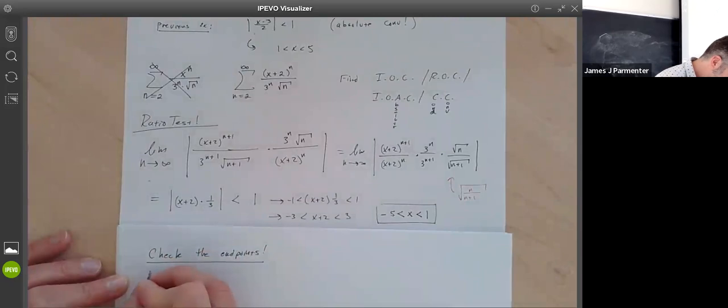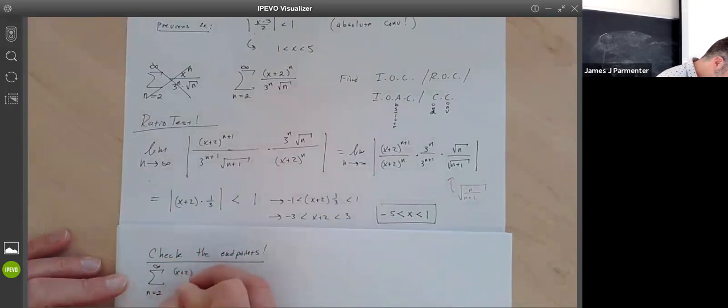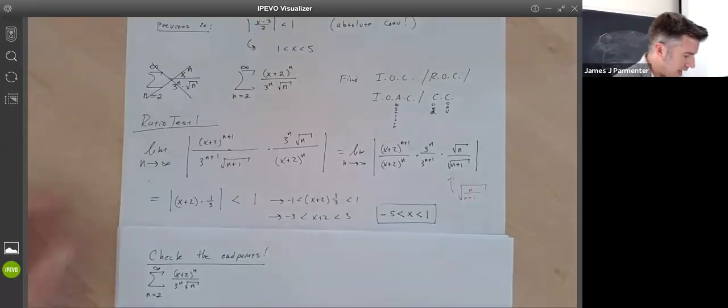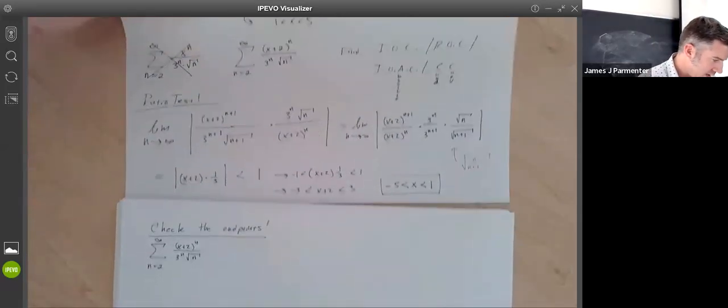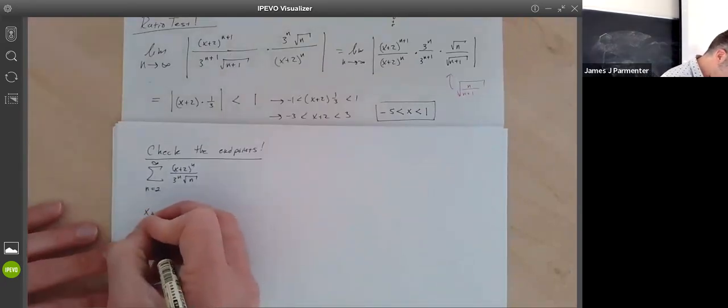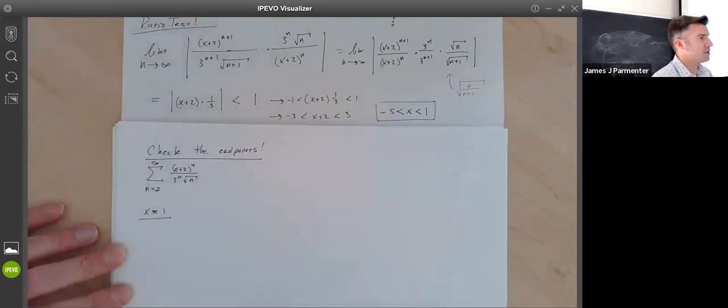So once again, we are looking at this series from n equals 2 to infinity of (x plus 2) to the n over 3 to the n times the square root of n. Something I have learned over the years is that if you have one endpoint that's going to make it alternate and one endpoint that isn't, check the one that isn't first.